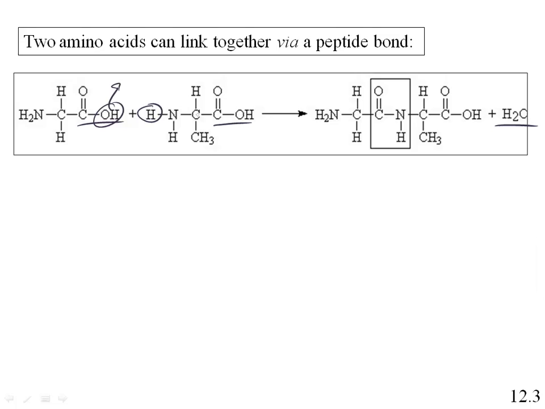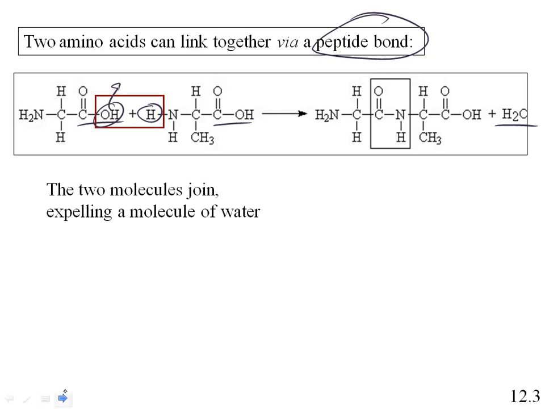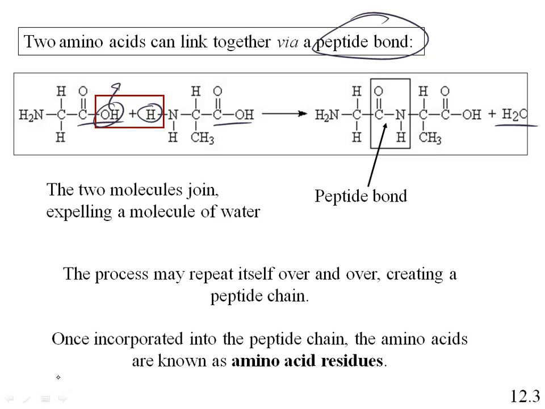And these two amino acids bond together, and we call that a peptide bond. Again, this process can repeat itself over and over, creating a peptide chain. And once the amino acids are incorporated into a peptide chain, they are called amino acid residues.